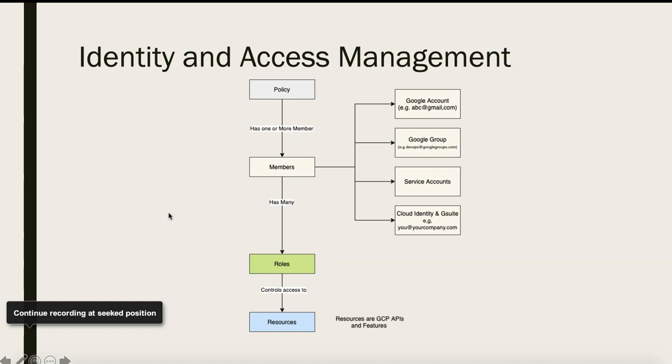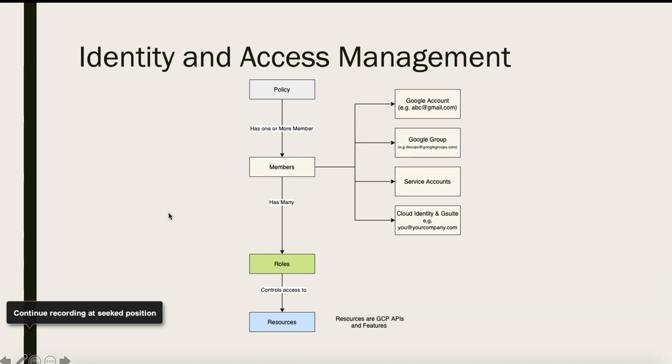It can be a Google account, so any gmail.com account. It can be a Google group, and it can be a service account. I'll come to the service account later when we go through the IAM console. And next is Cloud Identity and G Suite.